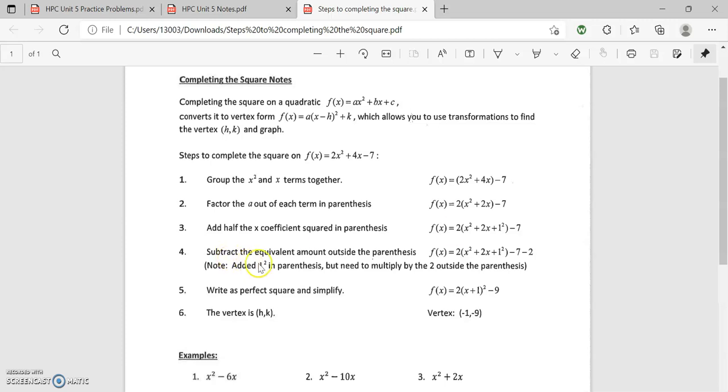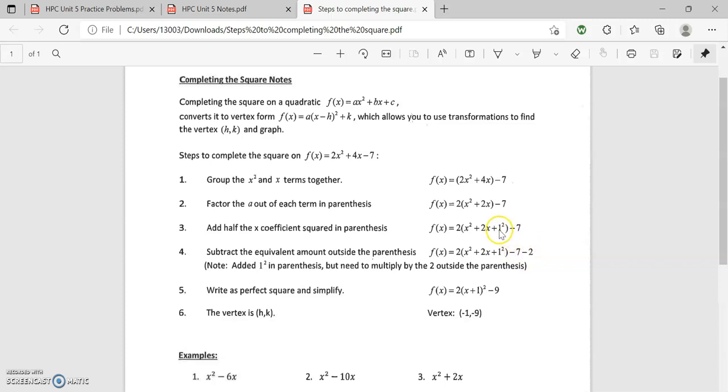Step 4, we subtract that equivalent amount outside of the parentheses. So in this step, we're going to repeat: 2 times the quantity x squared plus 2x plus 1 squared, close the parentheses, minus 7. Now, as it says, we subtract the equivalent amount outside. Here it says minus 2.